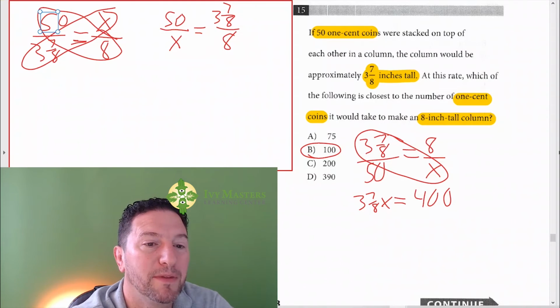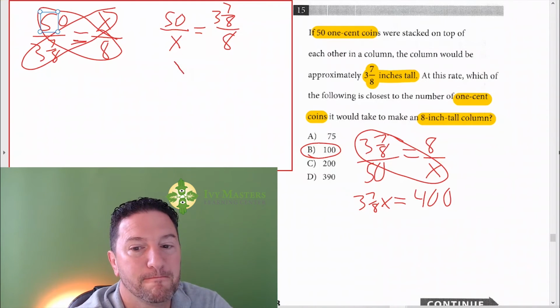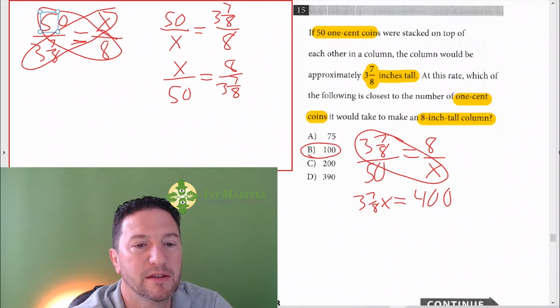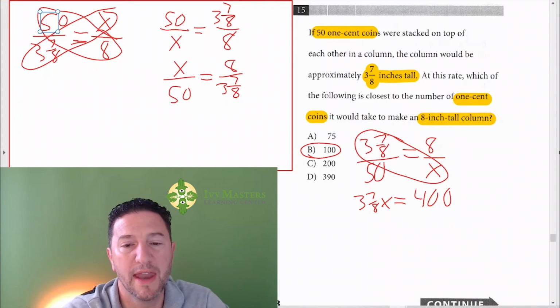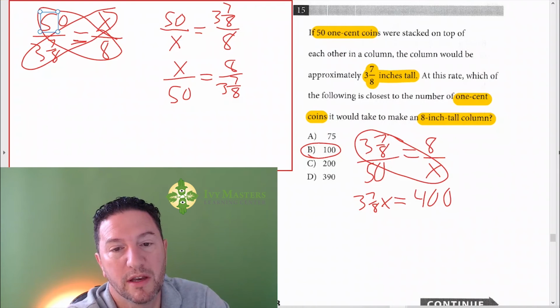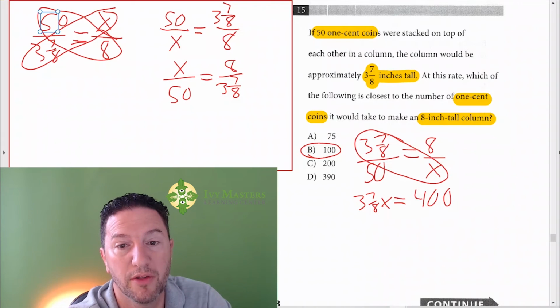If I flip this, I could say x over 50 equals 8 over 3 7/8. And how does this make sense? Well, now on the left, the unknown is x, which is how many 1-cent coins, and it's over 50 1-cent coins. So those have a relationship with each other.